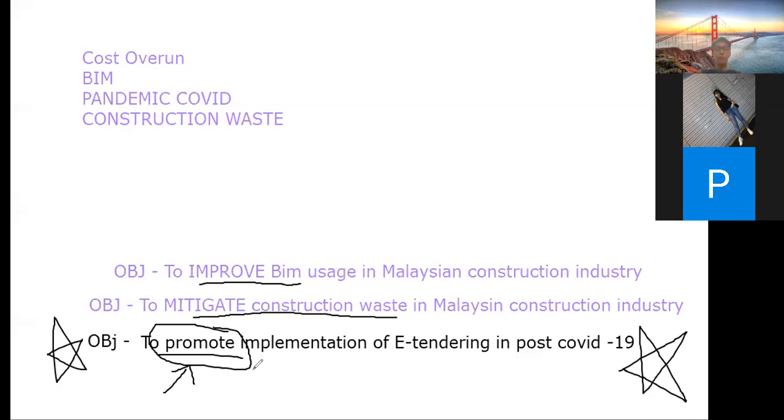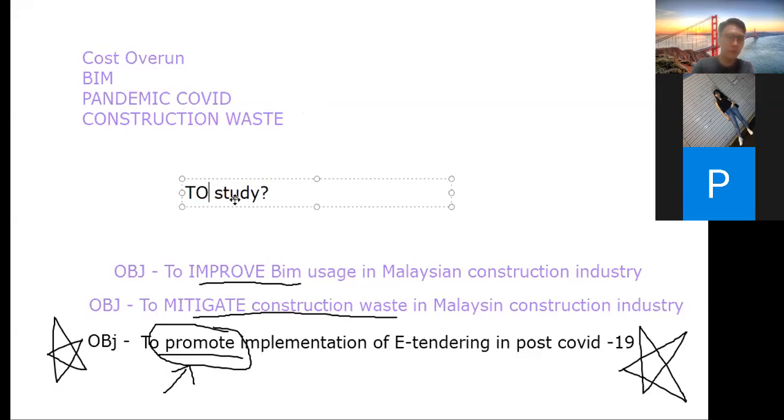We ask them some questions regarding the difference between e-tendering and the normal tendering process, and also ask whether the time taken will be reduced with e-tendering, and which method they prefer to tender, e-tendering or the normal tendering process. Okay, so you are studying their preference, right? So your objective shall be to study, right?